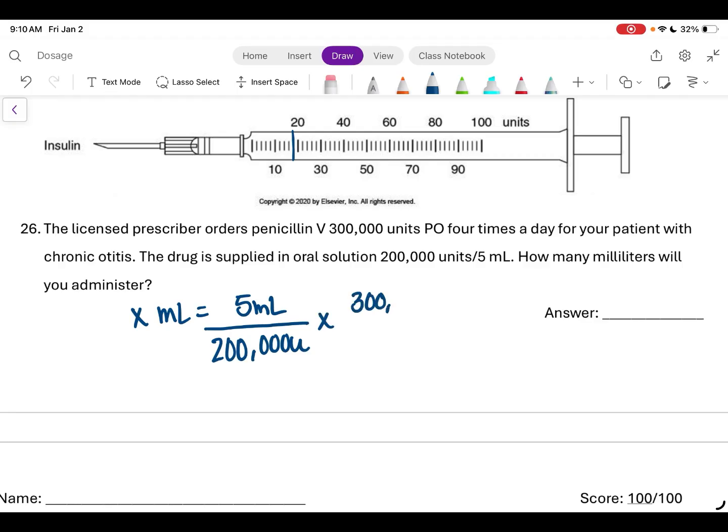My order. So 5 times 300,000 over 200,000.